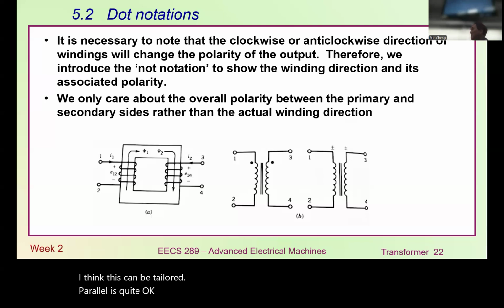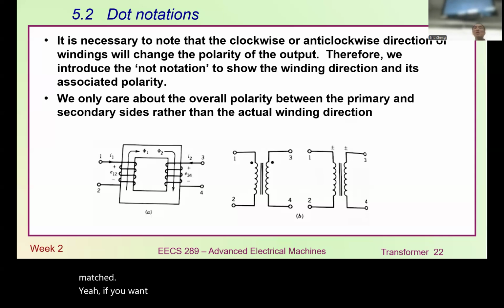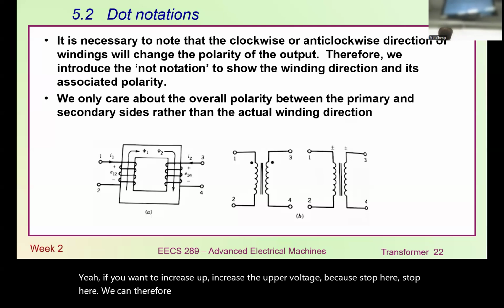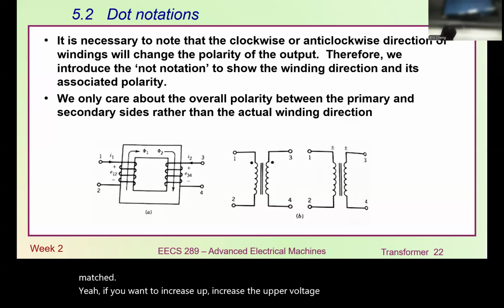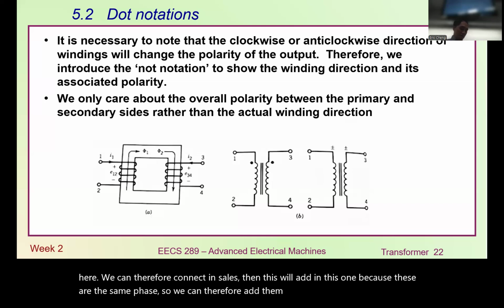Input side, output side, then we cannot just parallel them because the voltage cannot be matched. If you want to increase the output voltage, because of the dot here, we can connect in series. Then this will add this one. Because these are the same phase, we can add them together to nearly double the voltage.